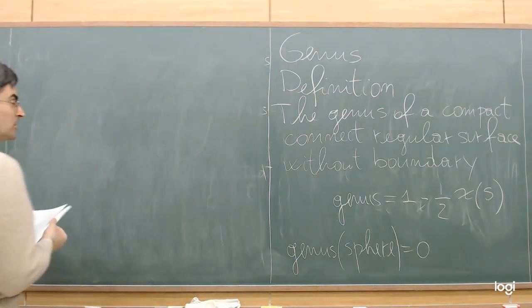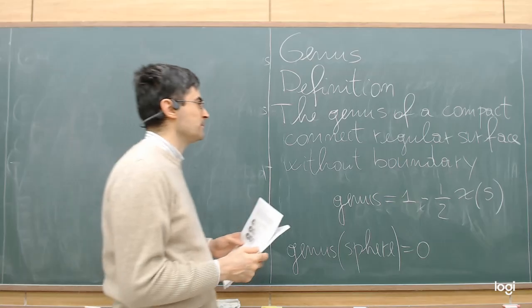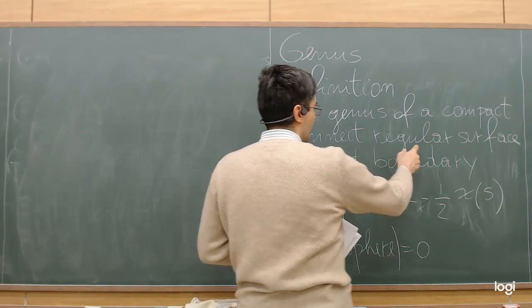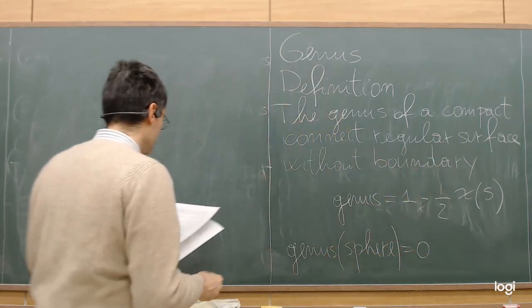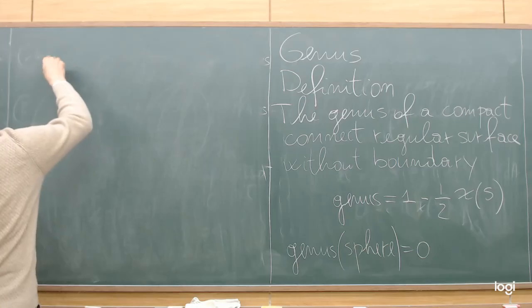Now, other examples of compact connected regular surfaces without boundary are the following.